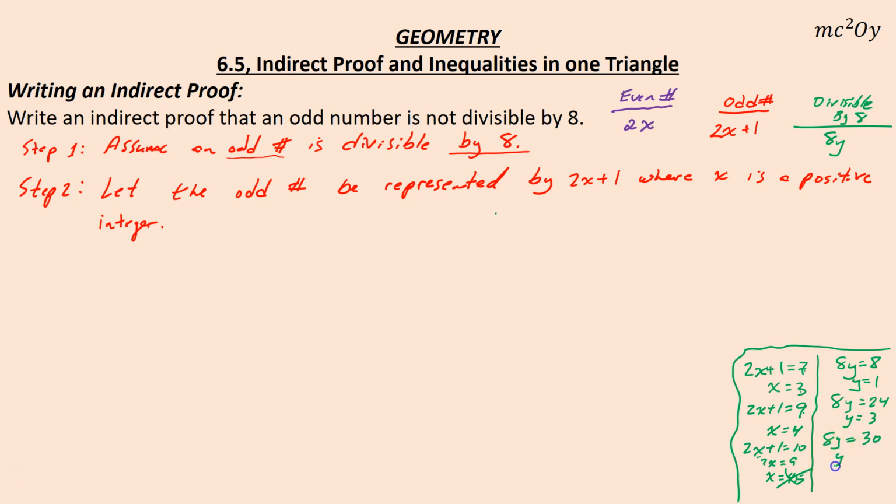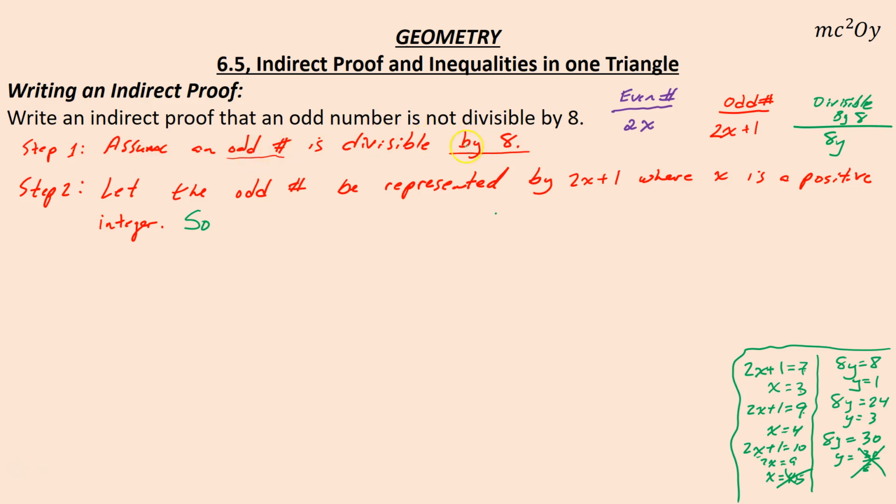When we divide by 8, we get y equals 38. That is not a positive integer, so it doesn't work out. So what I want is an odd number that is divisible by 8, right? That's what we're assuming.